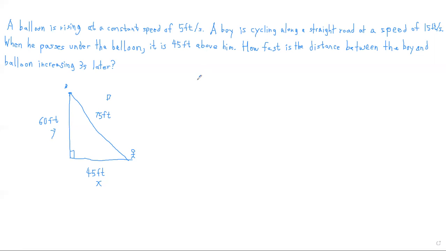So the equation is x squared plus y squared equals D squared, capital D squared. And with related rates, rates refer to time. So we typically use implicit differentiation with respect to time.